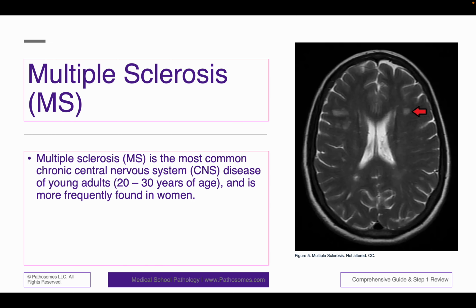Now, an important, highly tested condition is multiple sclerosis. This is seen again and again and again. What's that lesion on the imaging there? Okay. So multiple sclerosis is the most common chronic central nervous system disease of young adults, typically between 20 to 30 years of age, and is more frequently found in women.